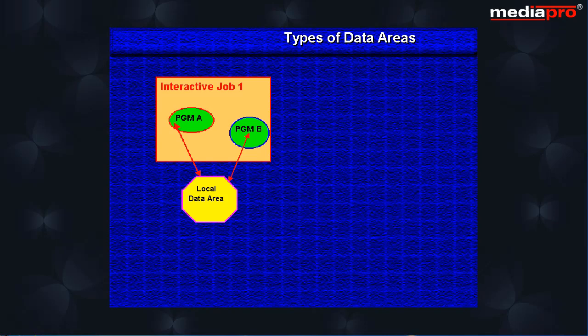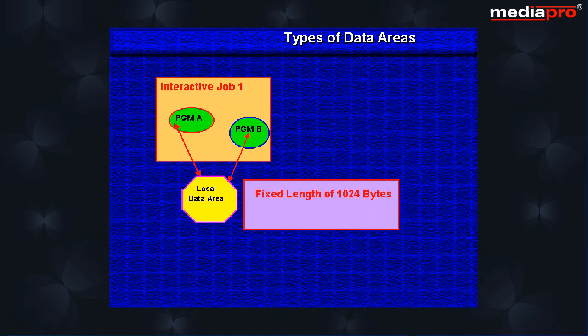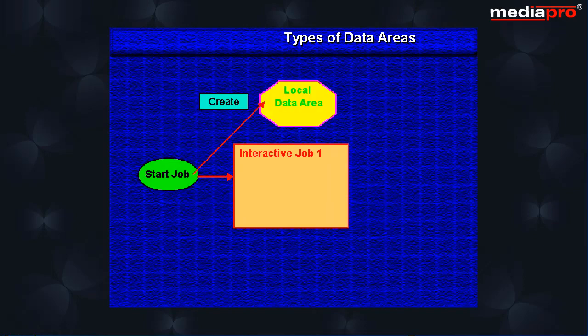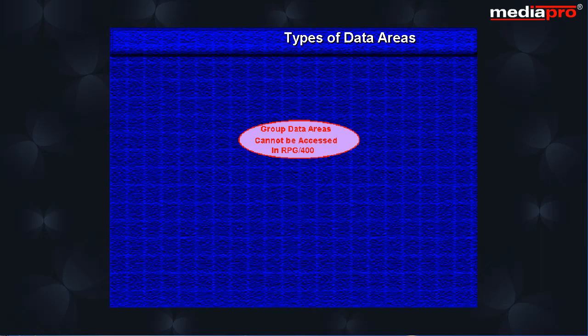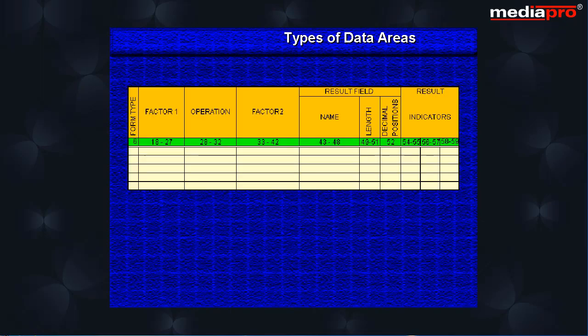The local data area has a fixed length of 1024 bytes and can only contain character data. It is deleted by the OS400 as soon as the job ends. A group data area cannot be accessed in RPG programs and is not discussed here. An RPG program can access both general data areas and the local data area.